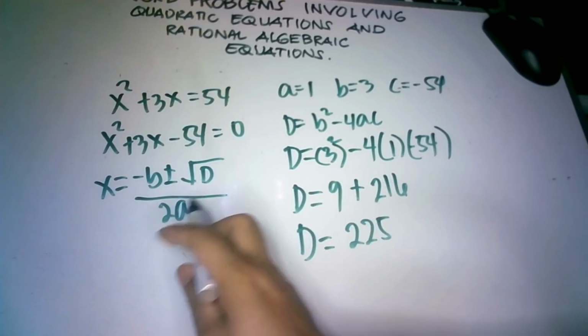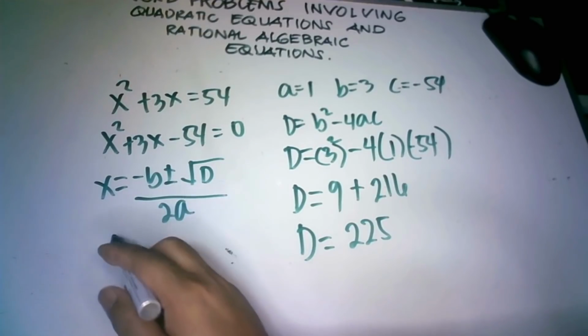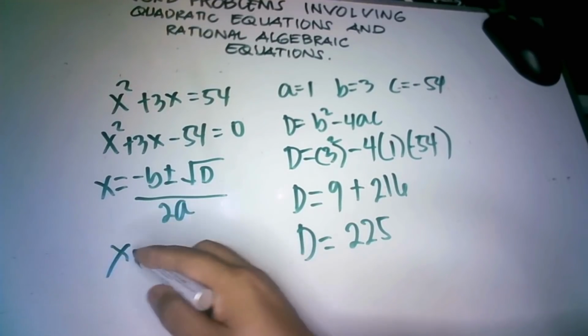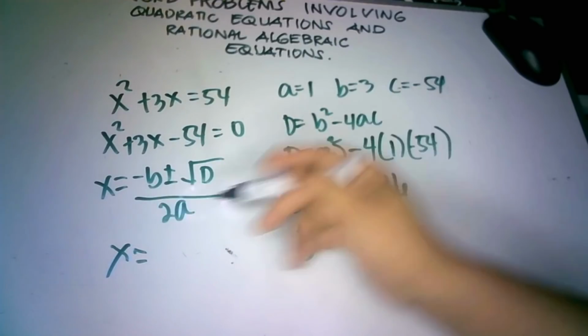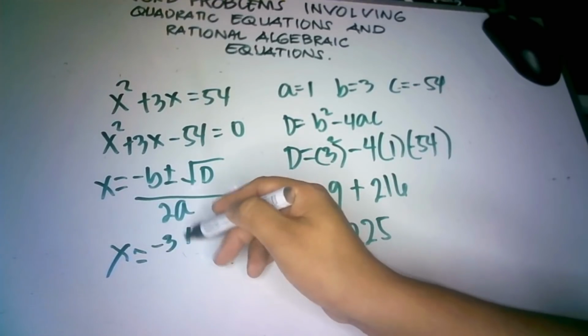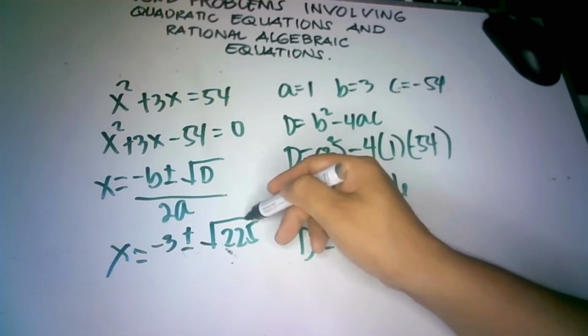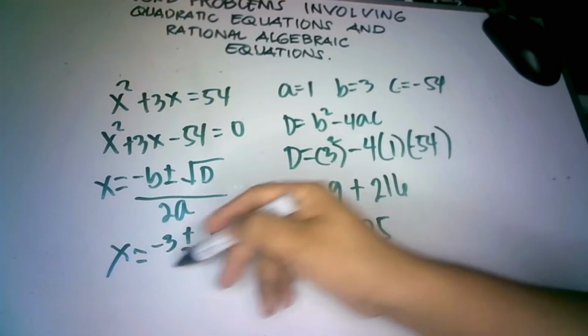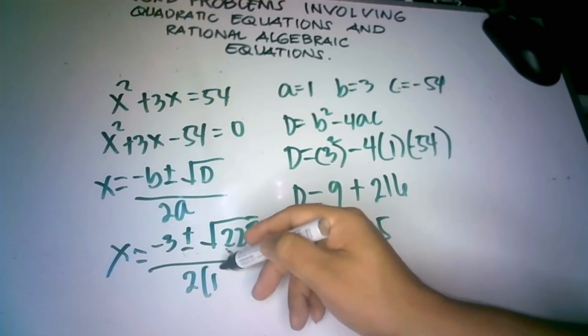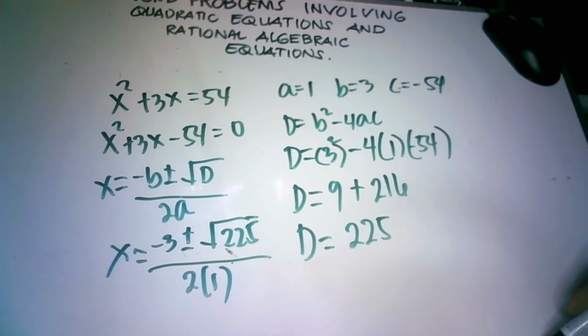So using this quadratic formula, we have x equals negative 3, our b, plus or minus the square root of 225, which is our value of D, over 2 times 1.